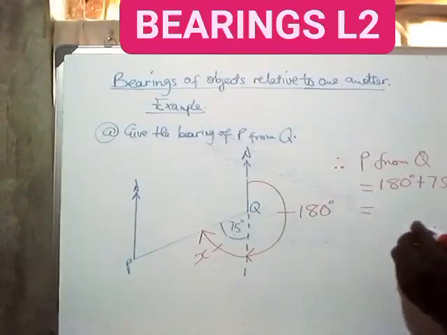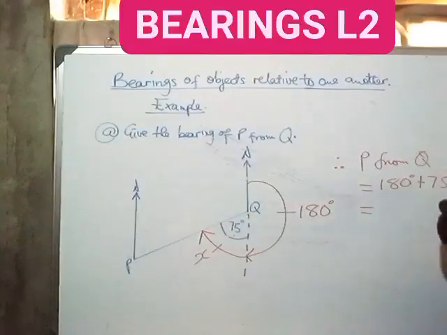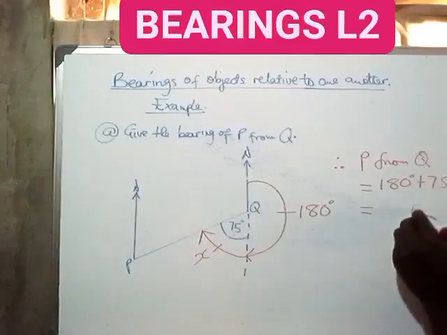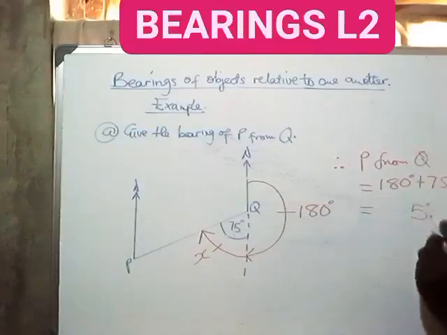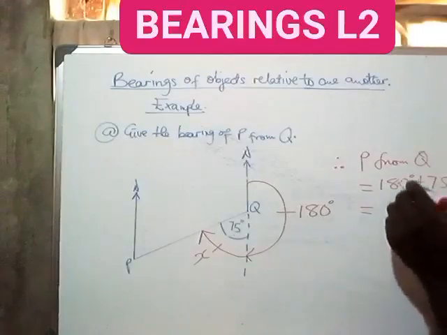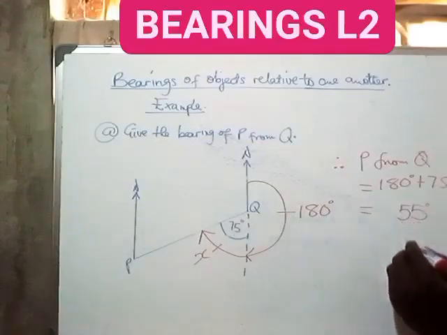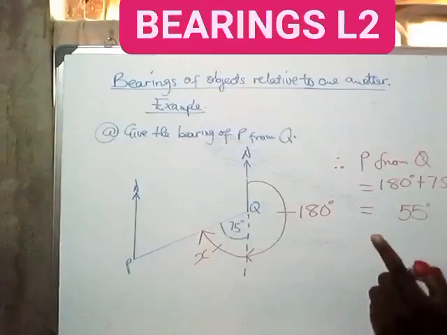And what is 180 minus 75? Not 180 minus 75, but 180 plus 75. So we have 0 plus 5, the answer is 5. Then we have 8 plus 7, the answer is 15, 5 remainder 1.